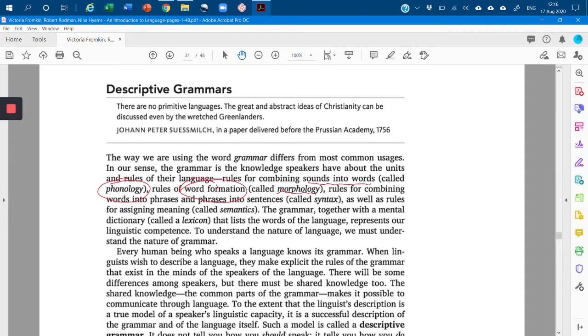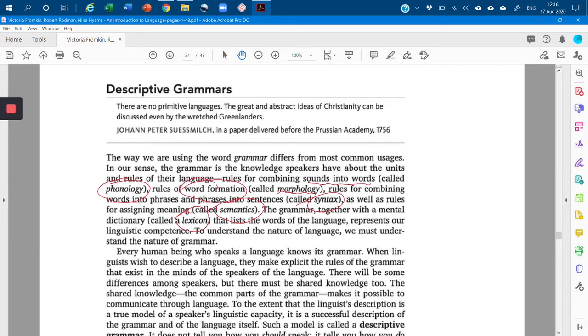We call this syntax, right? Then there are rules for assigning meaning, semantics. Then the grammar, together with a mental dictionary, is called a lexicon. Okay, you may have to go through and read this again slowly on your own time or watch the clip again.